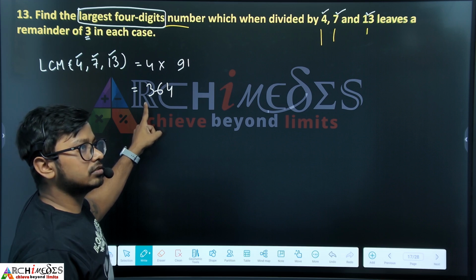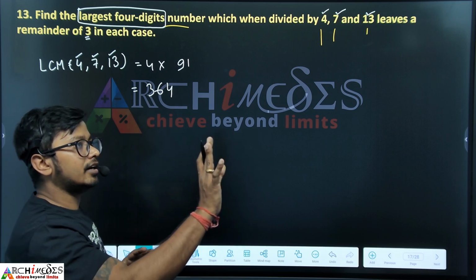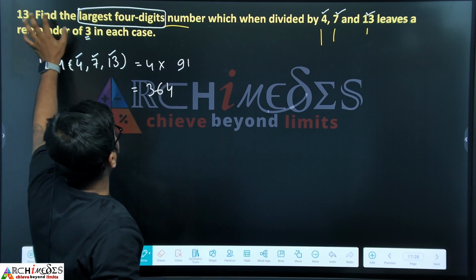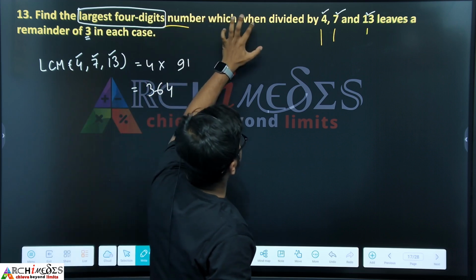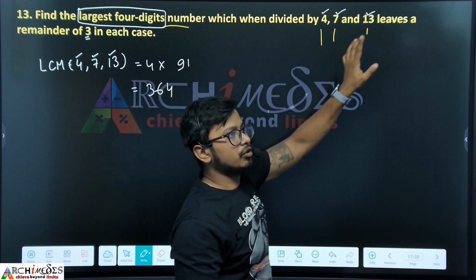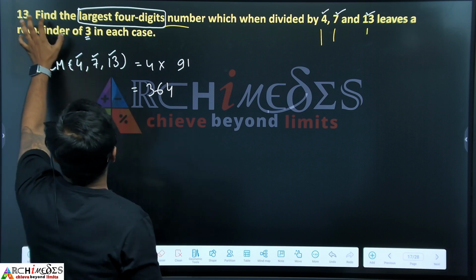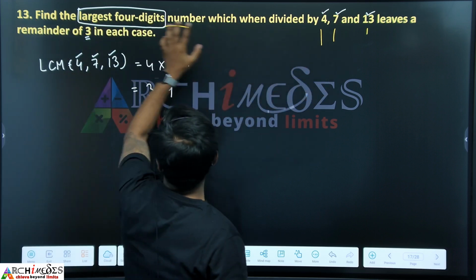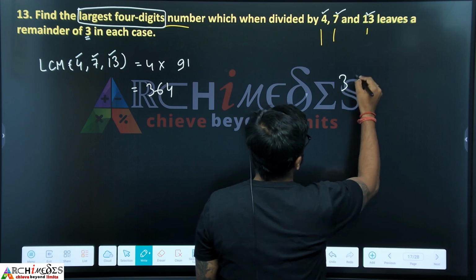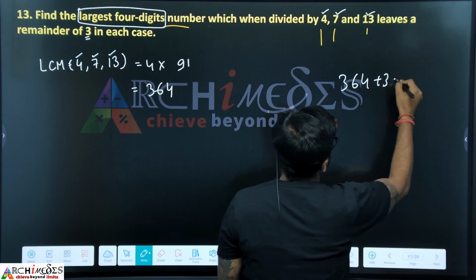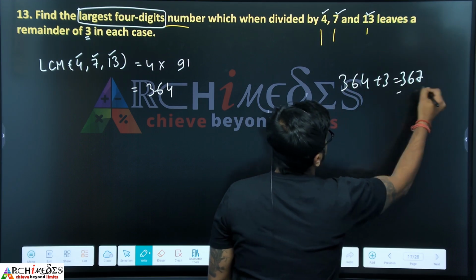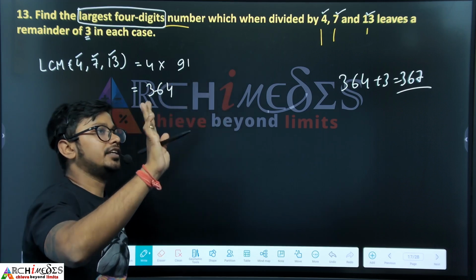Any doubt? If the question says find the number which is exactly divisible by 4, 7 and 13, then your answer is this. But if the question is to find the number which when divided by this leaves a remainder 3, then the remainder is extra, so the answer should be this plus that. Am I clear up to here? Any doubt?